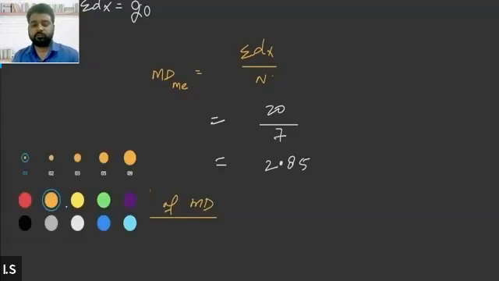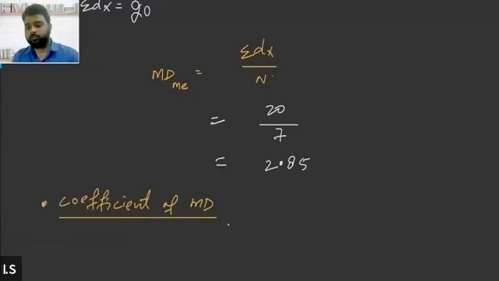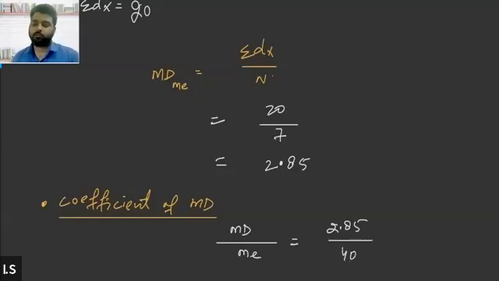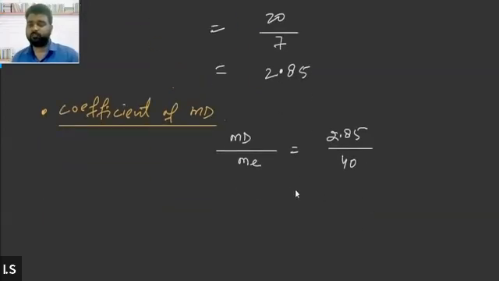Whatever mean deviation you have calculated, mean deviation divided by median will be the coefficient of mean deviation. In our case, mean deviation is 2.85, and the median we have got is 40. So 2.85 divided by 40 gives the coefficient of mean deviation.